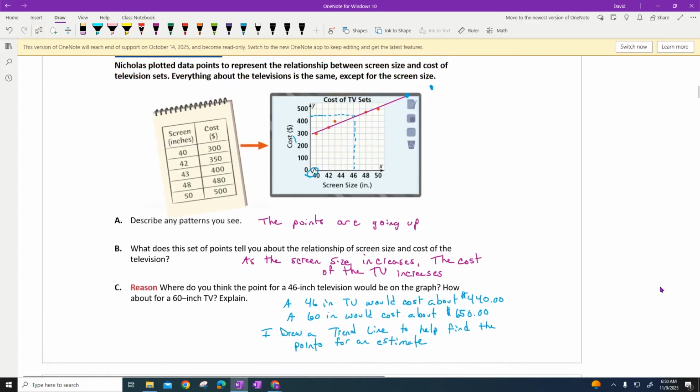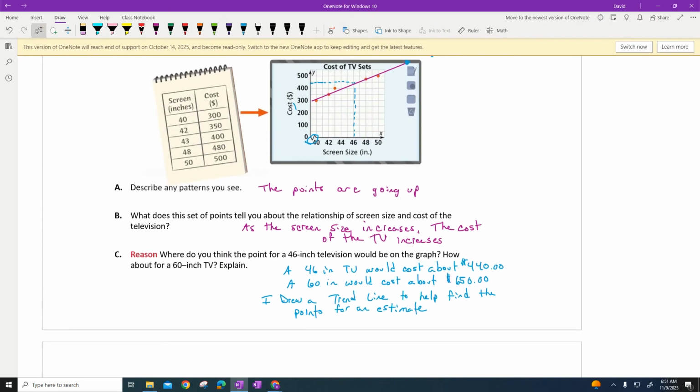You'll even see where I drew a trend line here to try to make a prediction out here. The pattern you might see is that the points are going up as I read my graph from left to right. When they ask you about the relationship, you need to put the labels in words, like we were wording yesterday on the homework and the paper we did yesterday.